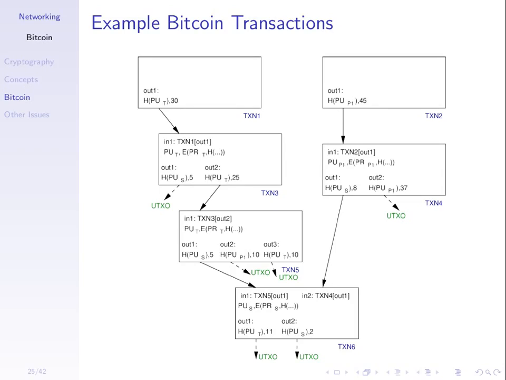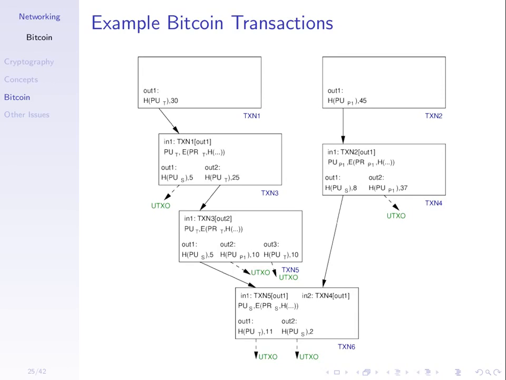Transaction 5, the input is transaction 3, specifically output 2. Okay, so think of it as an index. If we can have multiple outputs, the input refers to which of those outputs.